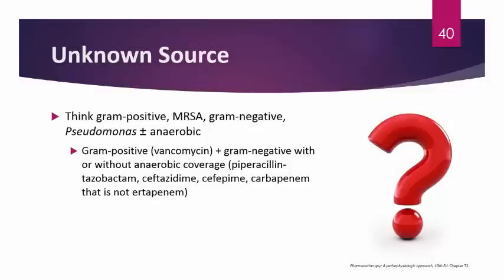So in those cases, you should start the patient on those therapies if you suspect that. But in general, a gram-positive agent like vancomycin, as well as a gram-negative agent with or without anaerobic coverage should work. So those are Zosyn, ceftazidime, cefepime, carbapenem. That's not ertapenem, because again, ertapenem does not cover Pseudomonas.